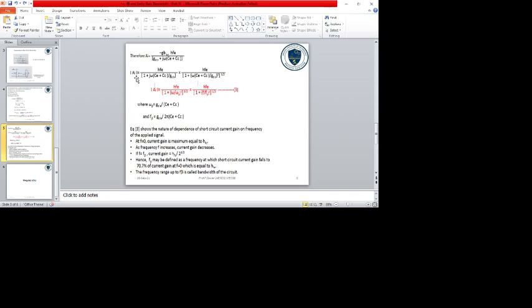So thereby we can find AI value, that is HFE by 1 plus j omega (CE plus CC) by gb'e. So after taking modulus value for this AI, we can get the expression like this: HFE by 1 plus [omega (CE plus CC) divided by gb'e] square, whole power 1 by 2.